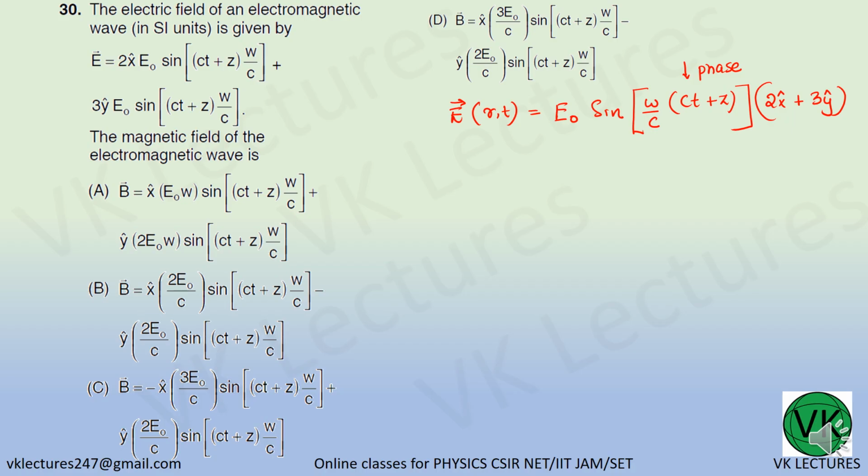So ct plus z is the phase, which means the wave is moving in the negative z direction with velocity c. So the negative z direction is the wave motion.